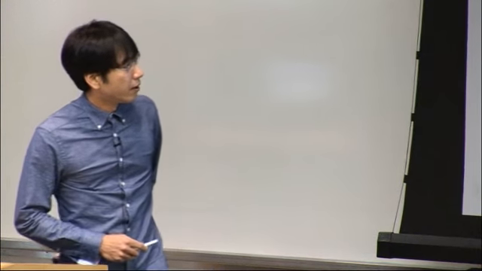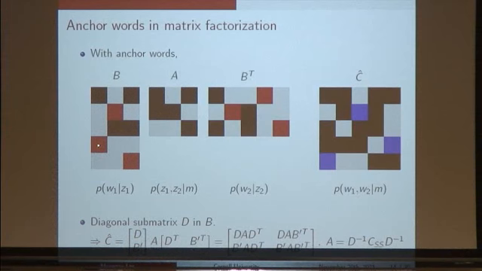So if I reorder these and push all these red blocks to the top and reorder, then it means the B matrix contains a diagonal matrix in here, which is called D in this notation. Basically this decomposition will be rewritten into this block diagonal matrix form.